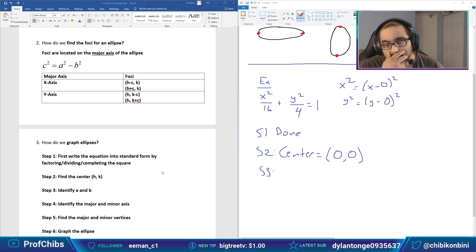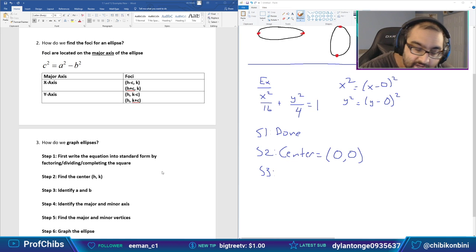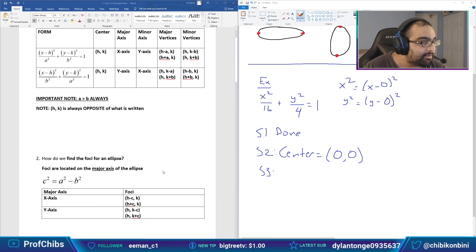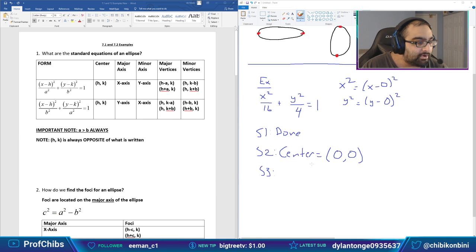Okay. Now, let's look at the next part here. That is fairly important. So the next part here is I want to focus on identifying A and B. Now you're probably saying, well, how do I know what A and B is going to be? Well, in this case I will show you here. I'll showcase how to do this particular part.